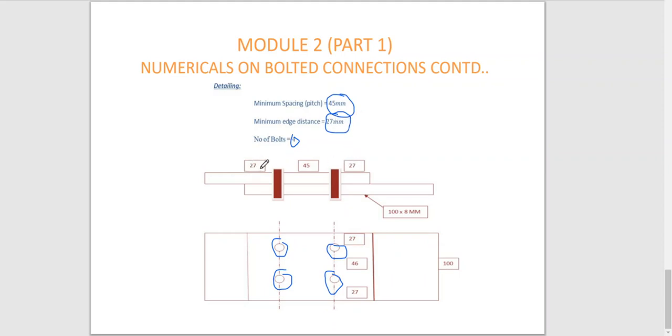So you can see here 27 mm is the edge distance and 45 is the pitch, that is the center to center distance between the bolt lines. This is the pitch, this is the edge distance, and the width of the plate is given as 100 mm, written here.